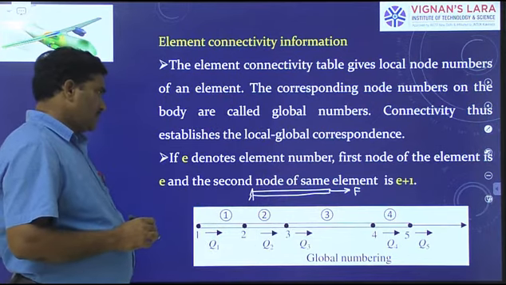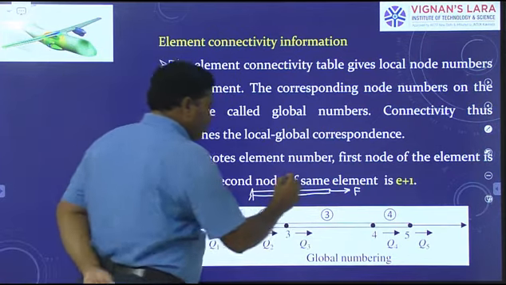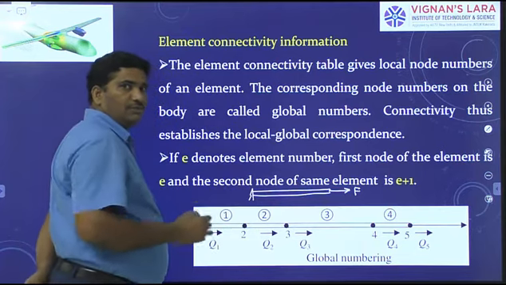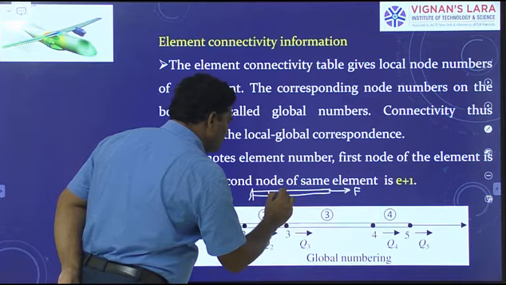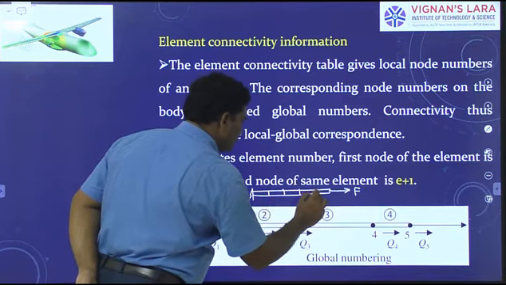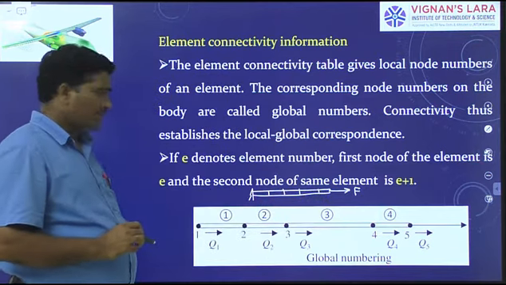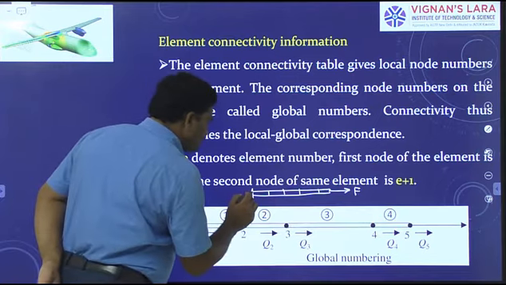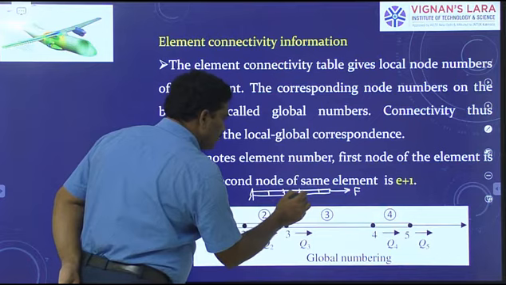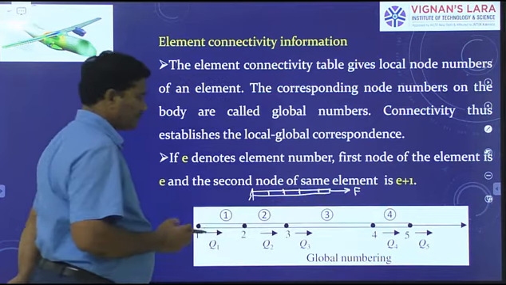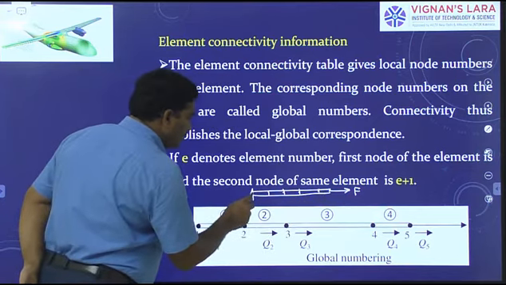Now, I discretize the domain. What is the domain here? The body of the bar. Now, I discretize this into several subdomains like this. Okay. Now, this is a node, this is another node, third, fourth, fifth and sixth. How do you give numbering to these nodes?